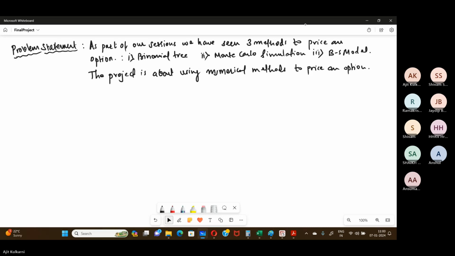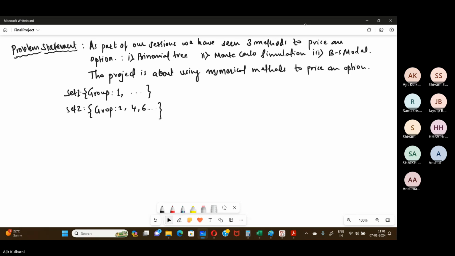But let us say set 1 is the groups with odd numbers, 1, 3, and all.